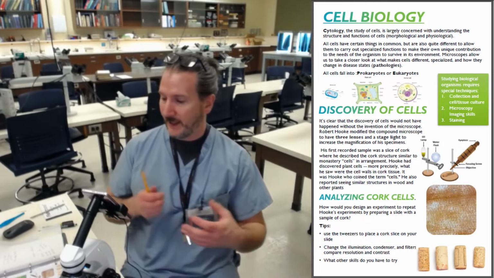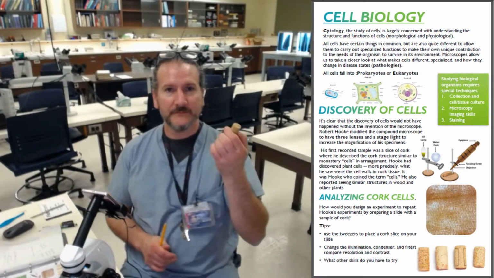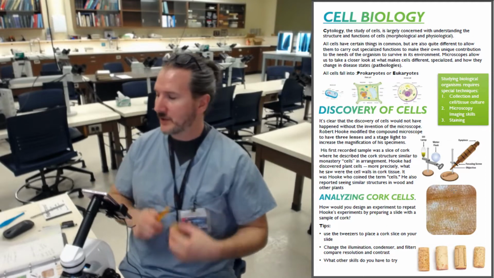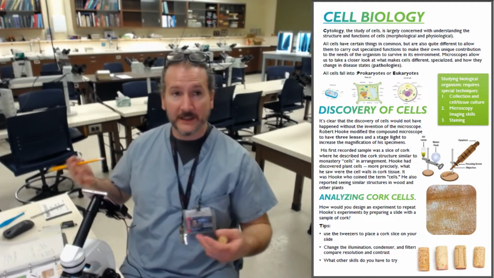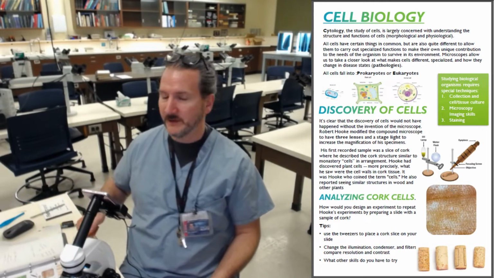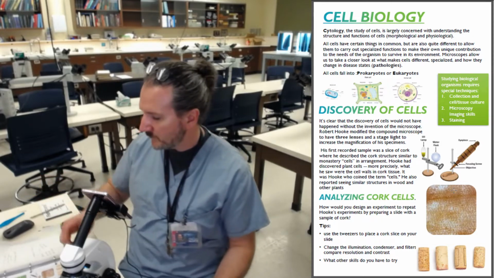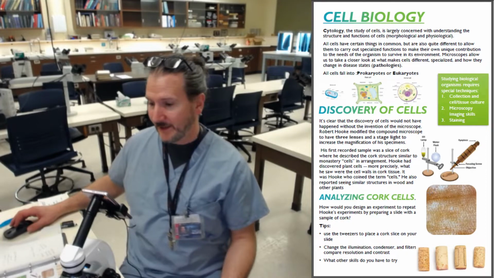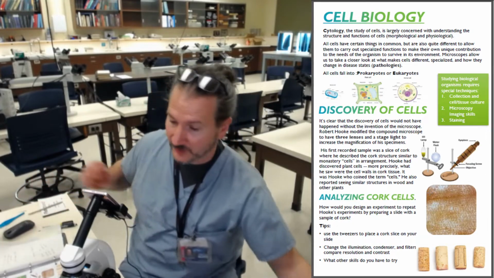And then Robert Hooke, who looked at a cork and sliced it off and said, hey, look at these little structures. They look like monastery cells or monks' living quarters. So we'll call these little square things cells. What's interesting is that neither of them really knew what they were seeing at the time because we hadn't described what you could see at the time.